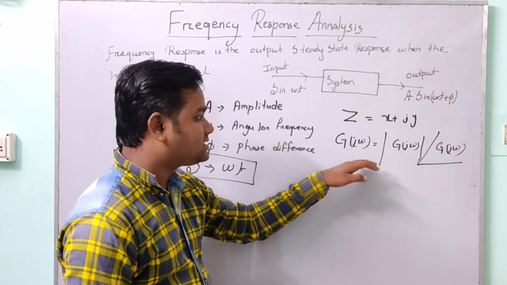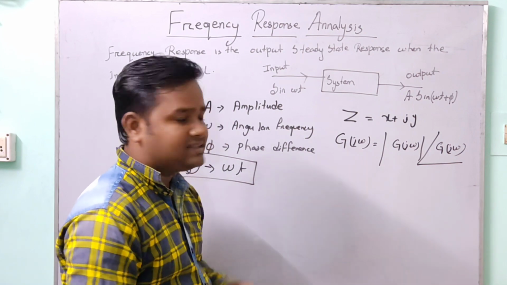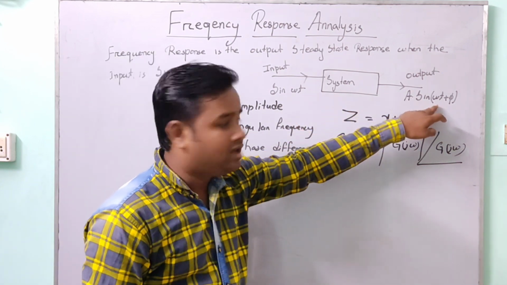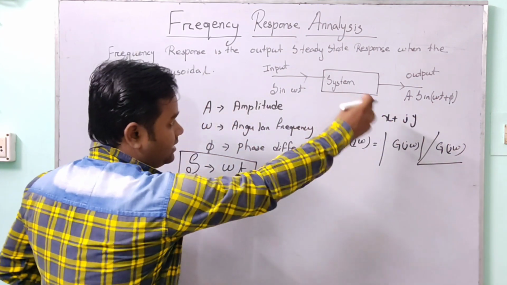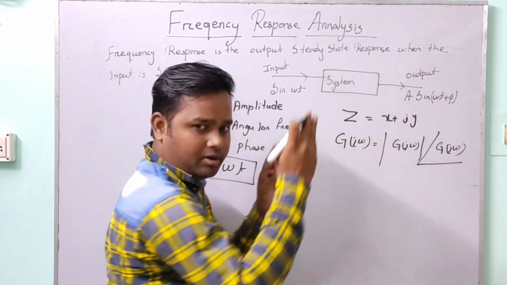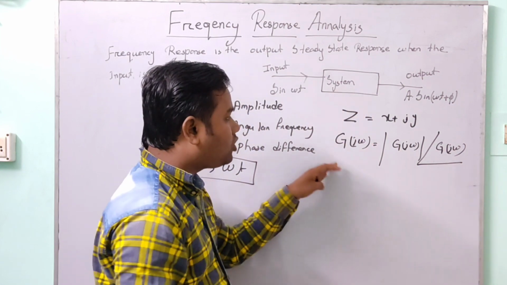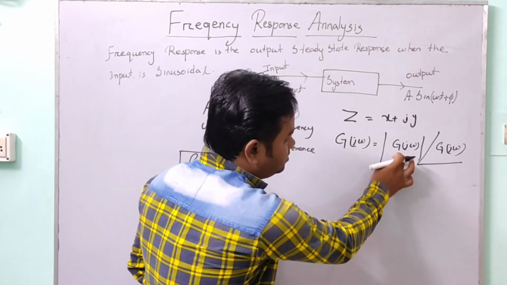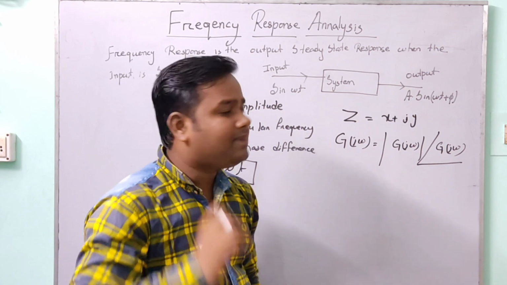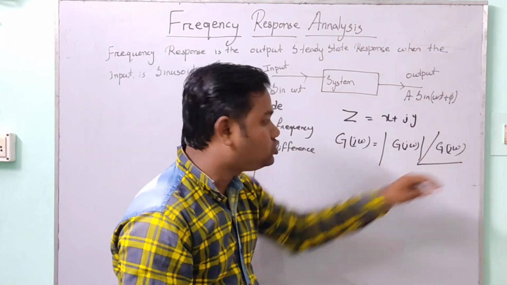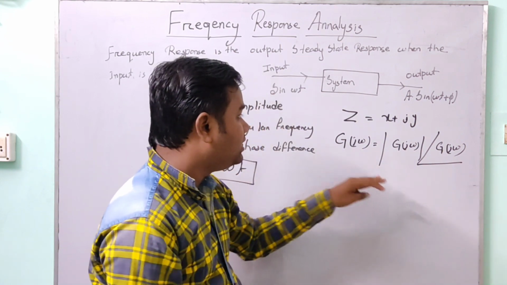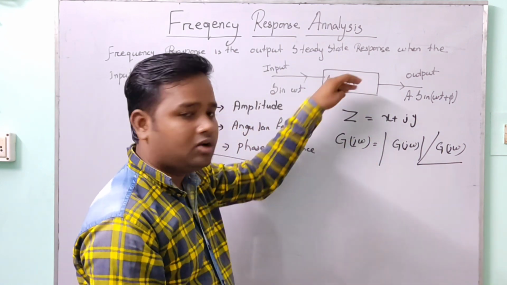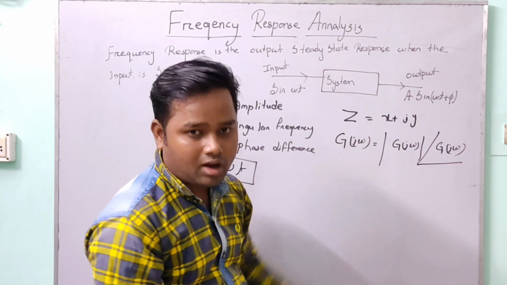If I put this complex gain in the case of the output signal, the output will have the amplitude, which is the magnitude part, and the magnitude part of the gain is the magnitude of G of j omega, and the angle part is omega t, and also here the angle part is the angle of G of j omega. So if the complex input is given to the transfer function, what will be the output?